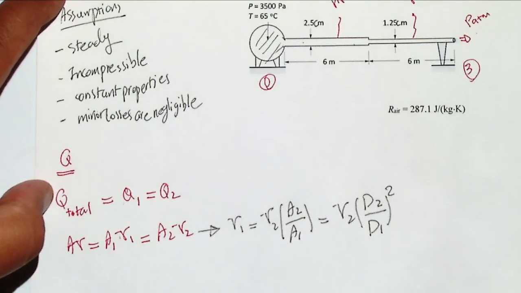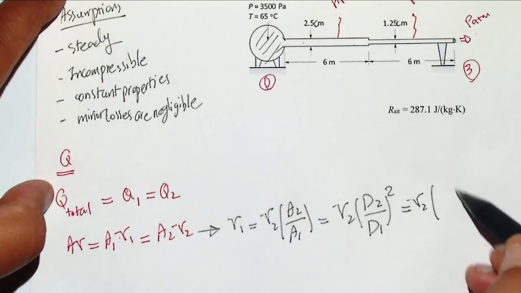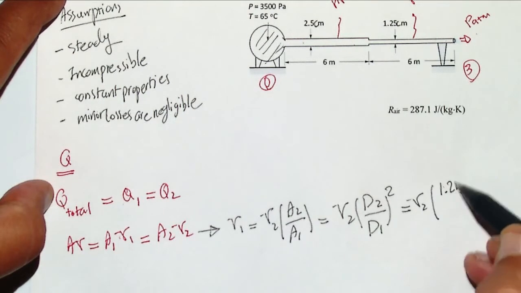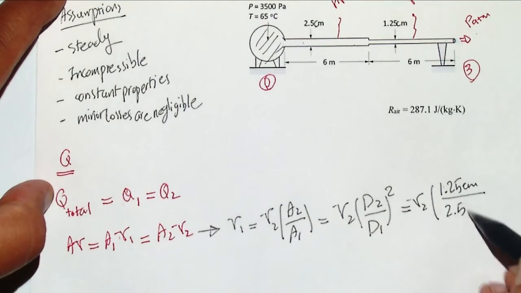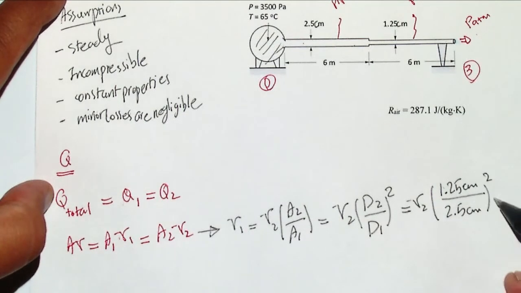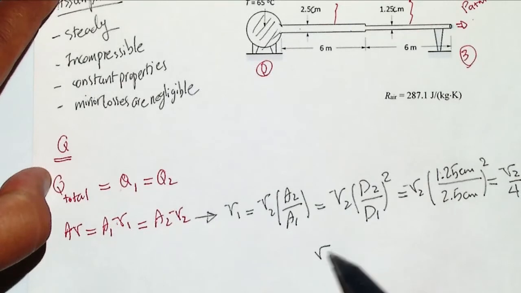I get rid of the pi over 4. Then V1 is equal to V2 times 1.25 centimeter over 2.5 centimeter to the power of 2. This is going to be 1 over 2 squared, and then V2 over 4 finally. So V1 is V2 over 4.